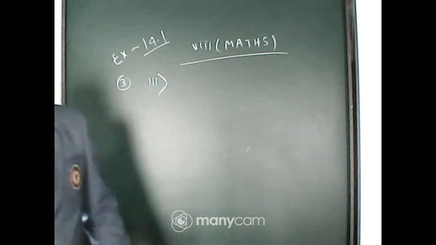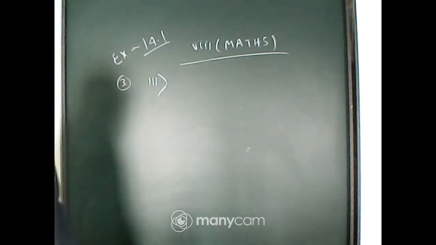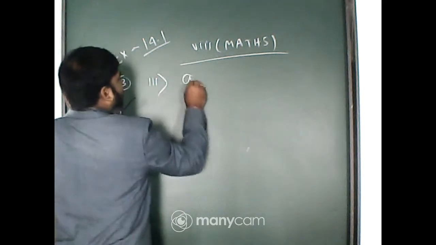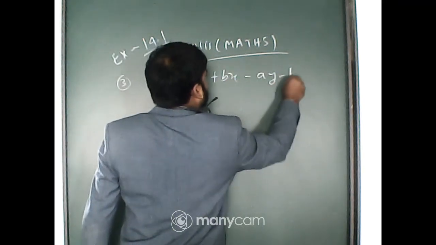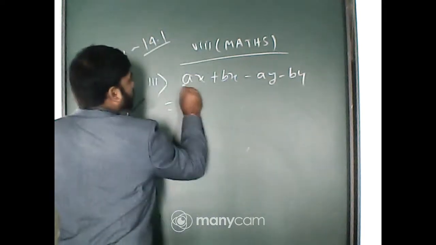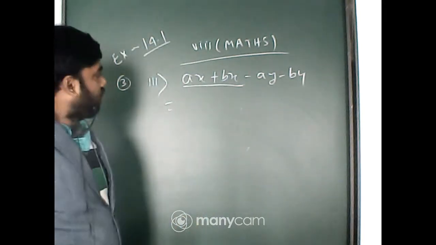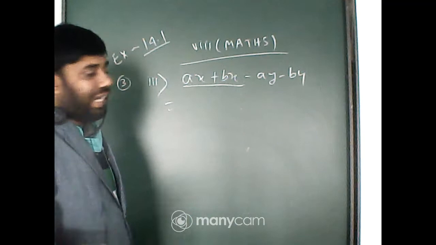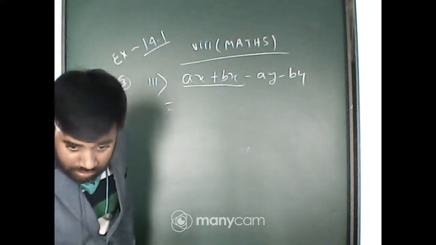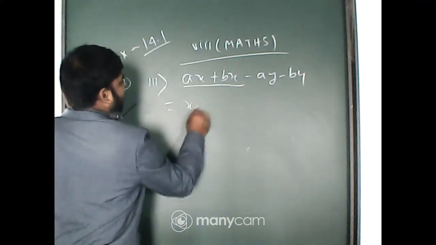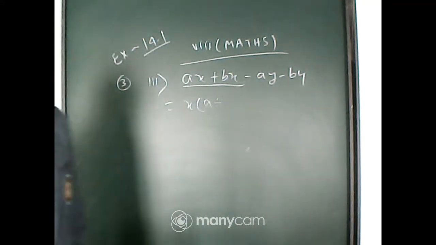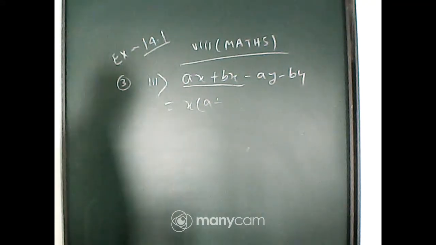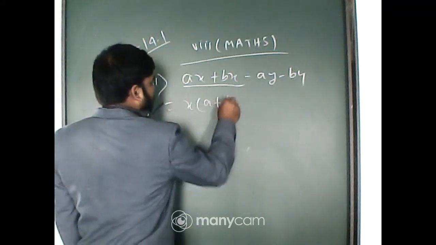That is ax plus bx minus ay minus by. From the first two terms, ax plus bx, you can take x common, so that is a plus b.